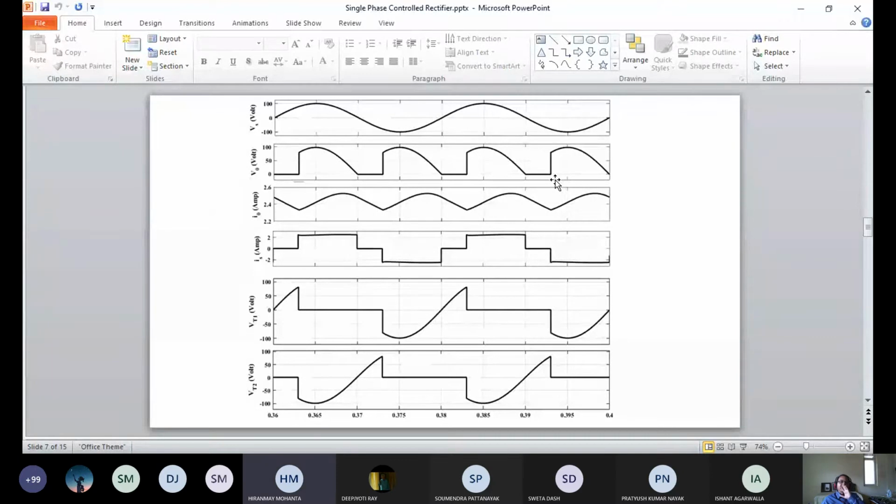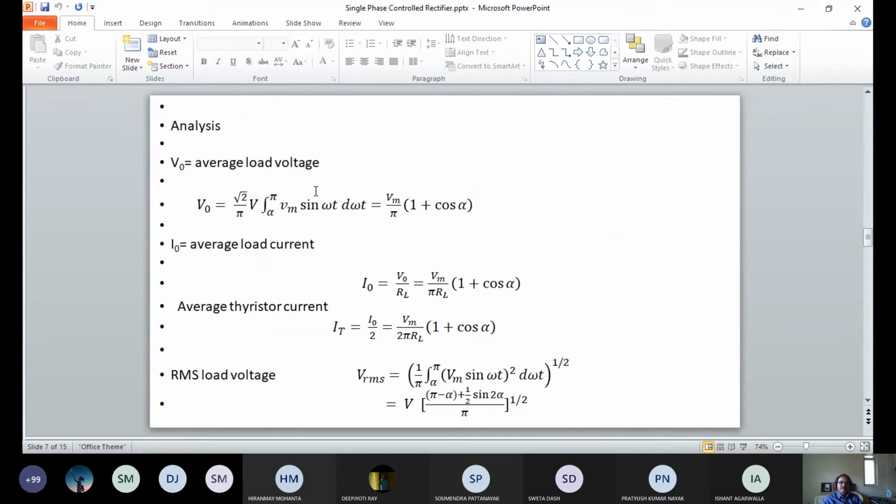Now imagine it is a diode. Gate pulse is not required, so all this voltage will appear. But we are controlling. This is a controlled rectifier, so we are controlling the voltage. Alpha is controlled, therefore the average voltage can be controlled.